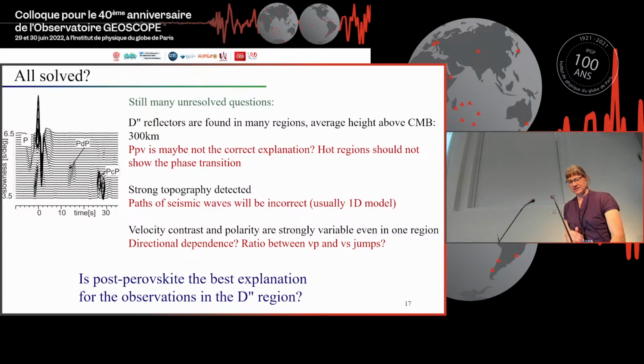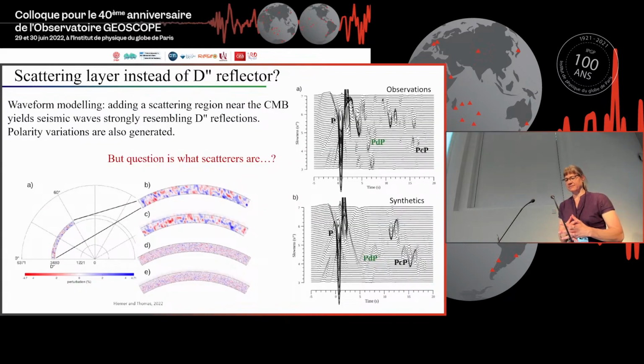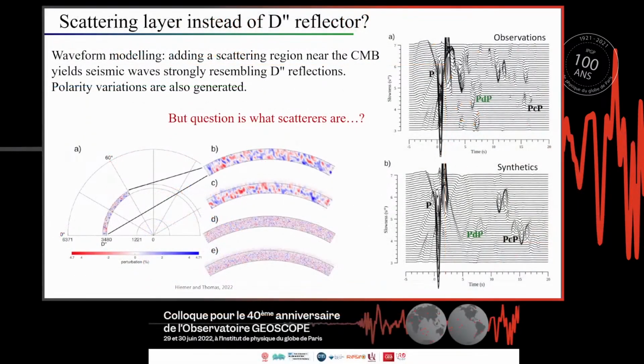We have done one little study recently by one of my PhD students, Vanessa Hima. She put a layer of scatterers into the D-double prime region. She didn't make it a single layer, but had a transition from highly scattering at the core-mantle boundary to about 700 to 1,000 kilometers above the core-mantle boundary.